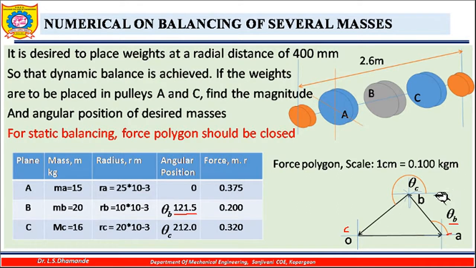This is my reference line, the horizontal line. From here, if I measure the angle, this is 90, this is 180 plus this angle, so the total angle I get is 212 degrees. I will mark that here in this table. This is the angular position of the third mass. So for static balancing, we have drawn the force polygon, which should be closed, and by drawing the closed force polygon we got the angular positions of the three masses A, B and C.